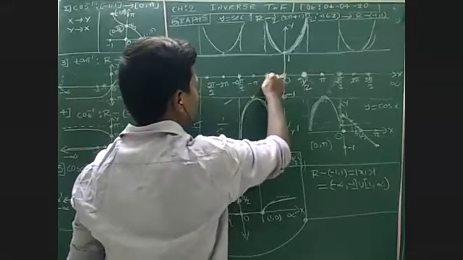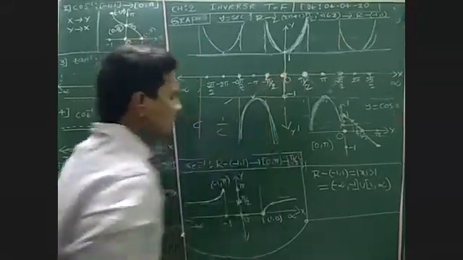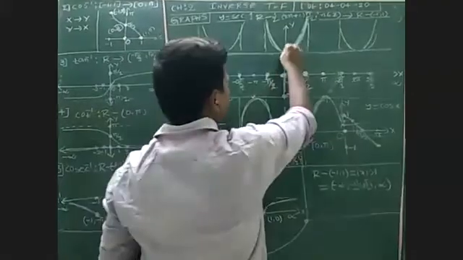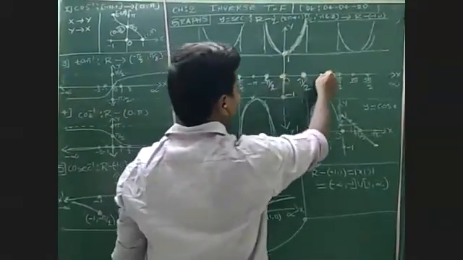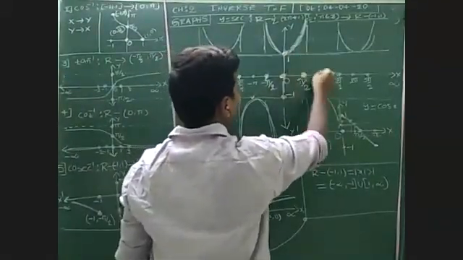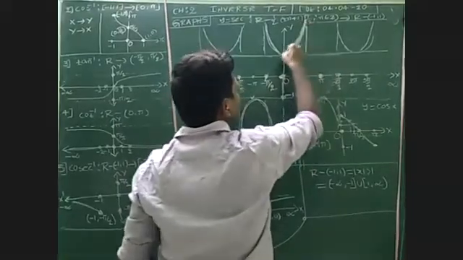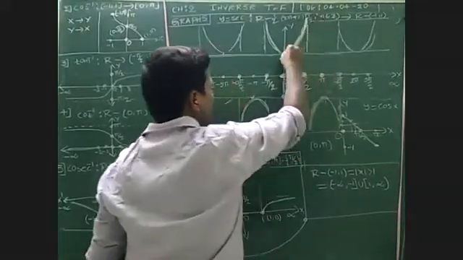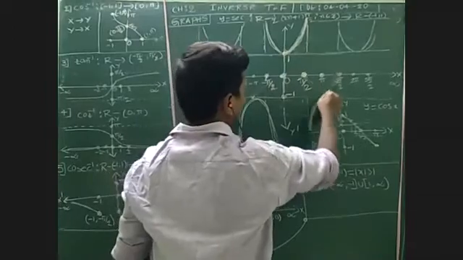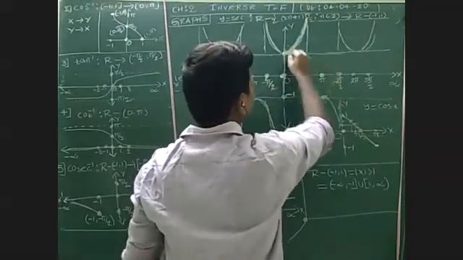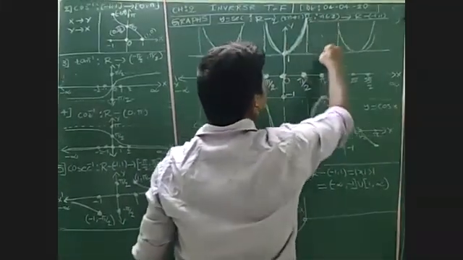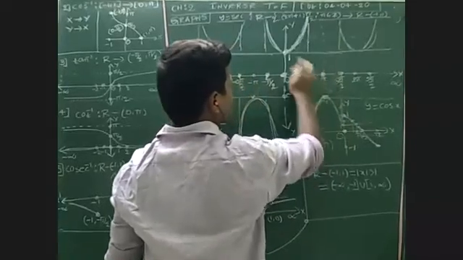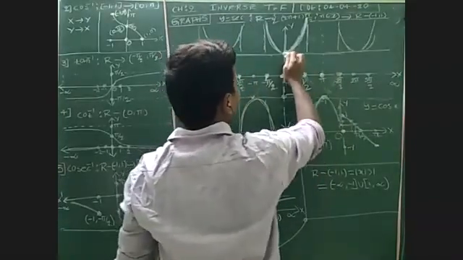Okay, -90. I want to restrict the domain to 0 to pi. What is the graph of secant from 0 to pi? This loop as well as this loop, because 0 to pi, 0 to 90 is like this.